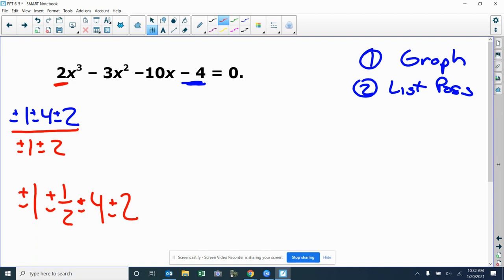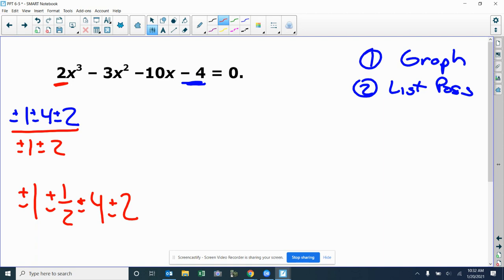How did we get this? Lead coefficient, 2, and constant, factors of. How do you get 4? 1 times 4 and 2 times 2. That's all, factors of 4. How do you get 2? Factors of 2, 1 times 2. It's just the factors of those.